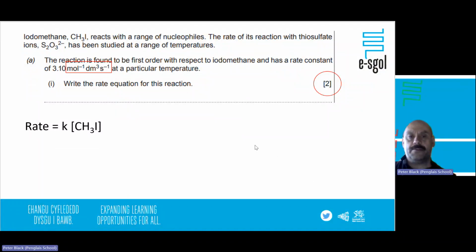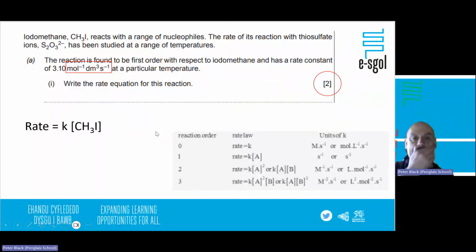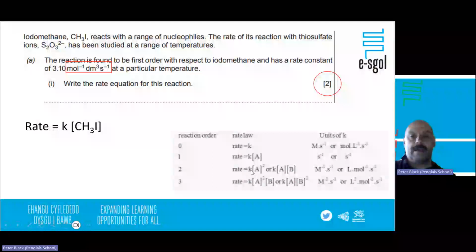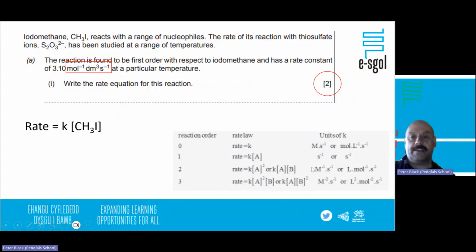I do mention it briefly, but if we have a look here, we can see the units of the rate constant. It's a bit weird how they've written the units. They've put M, that stands for moles per decimeter cubed, and then you've got your unit of time.